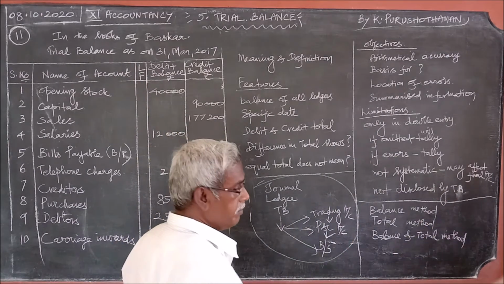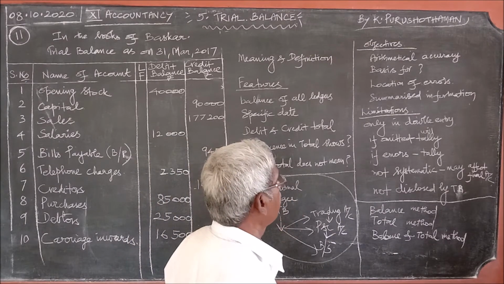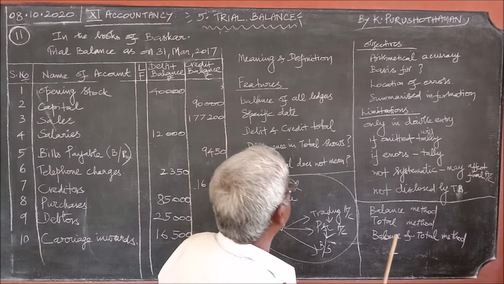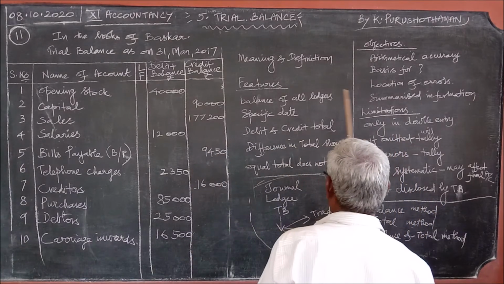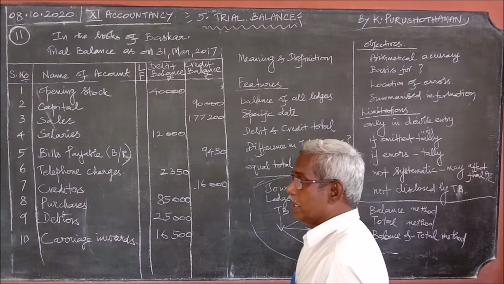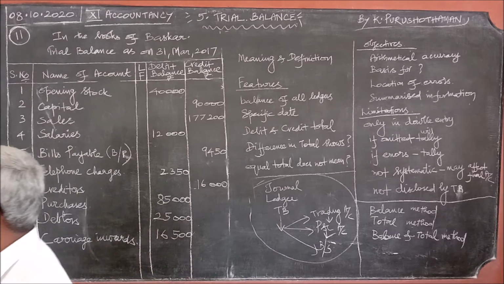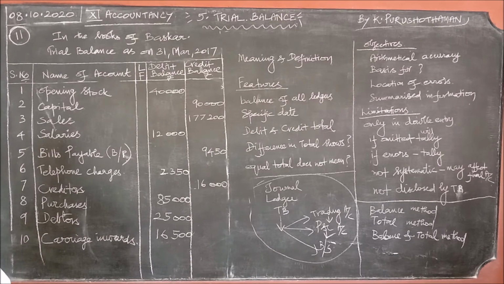Then what are the limitations of this? That is, the drawbacks. One, this trial balance can be prepared only if the accounts are maintained under the double entry system. If the accounts are maintained under the single entry system, this trial balance cannot be prepared.